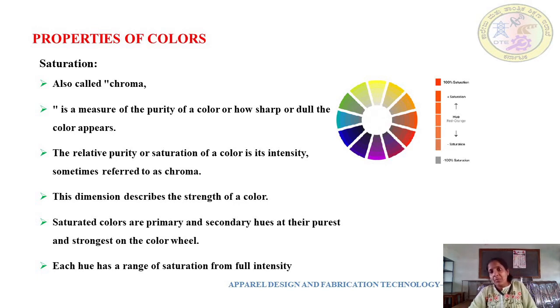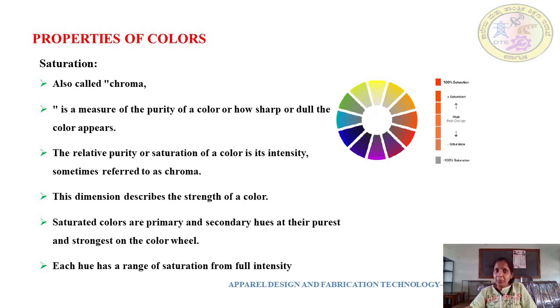The relative purity or saturation of a color is its intensity, sometimes referred to as chroma. The dimension describes the strength of the color. Saturation can add strength to the color or decrease the strength of the color.